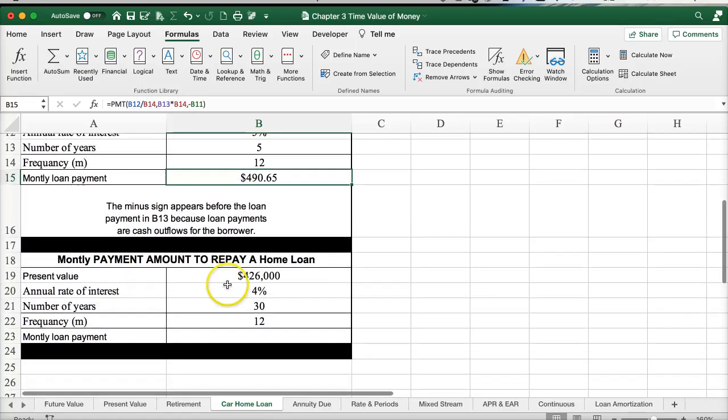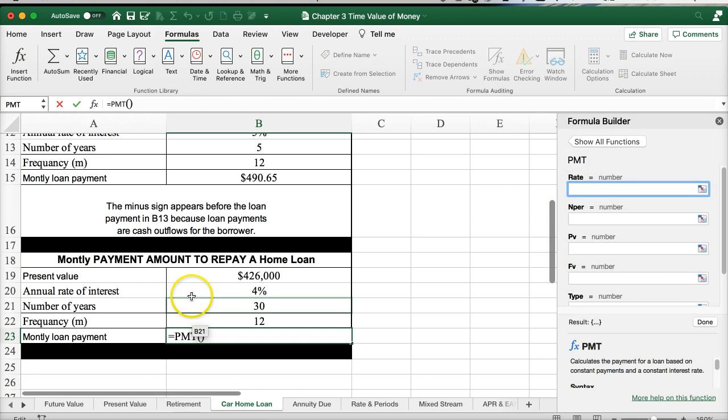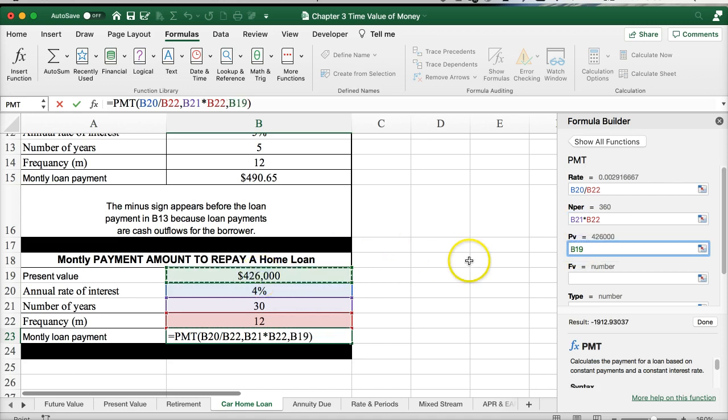So what if you're going to buy a $426,000 house at a 4% rate of interest? How much would that cost you? So again, this is a payment function. We're going to buy a house at a 4% interest rate that we have to divide by 12 months, and then we're going to have 30 years to pay it off, and we have to multiply that by 12 months because we're monthly, and then we're going to have a present value of the loan of $426,000.